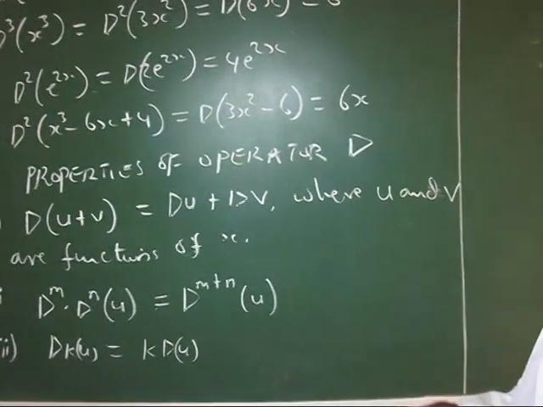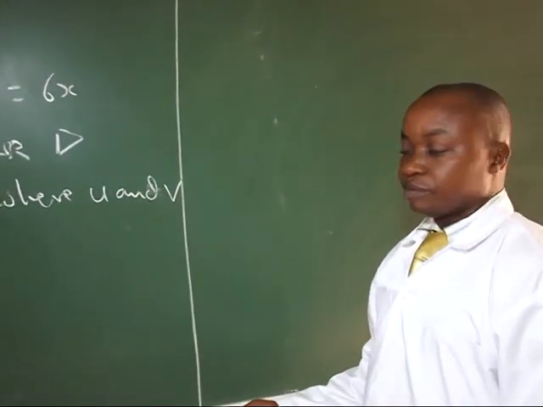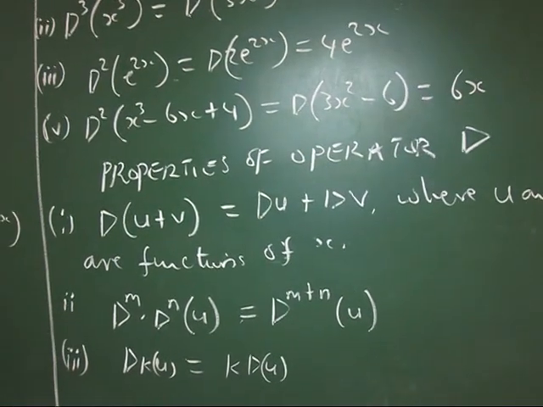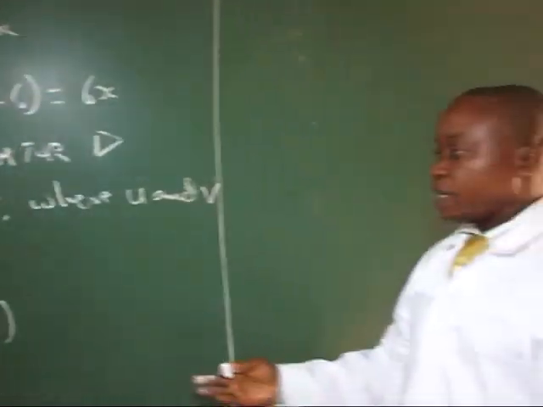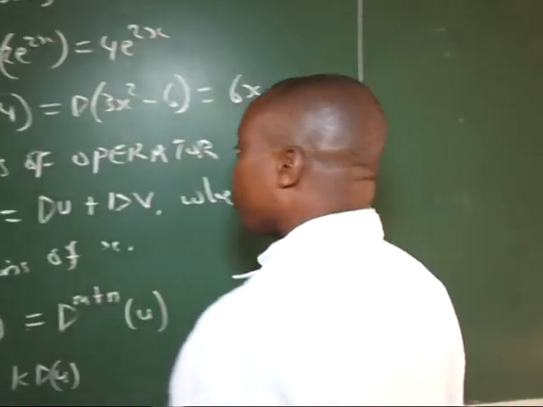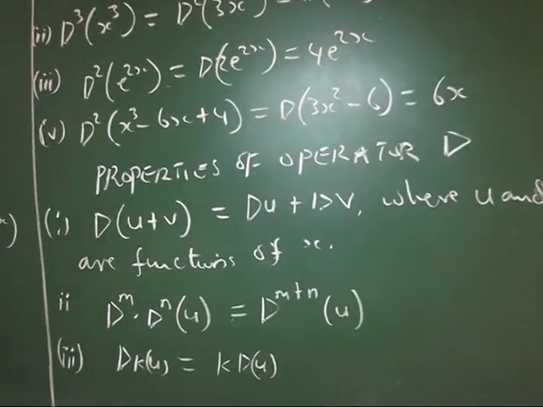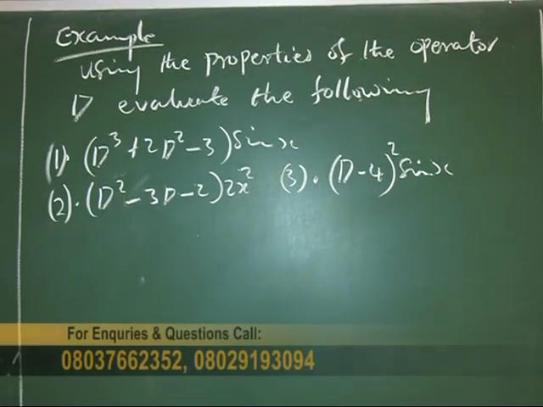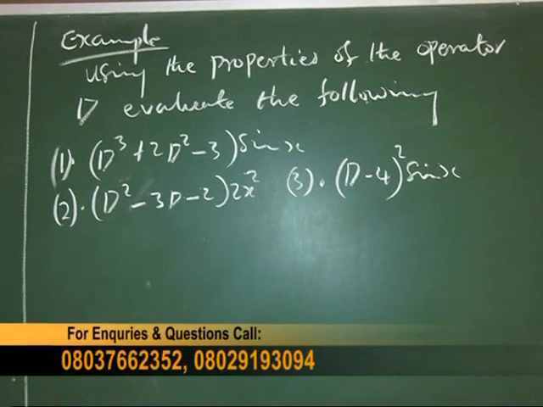So it's merely an operator. Alright, so we'll pick some examples and see how we can apply this, so that we'll use it for solutions to differential equations. Now, using the properties of the operator D, evaluate the following.